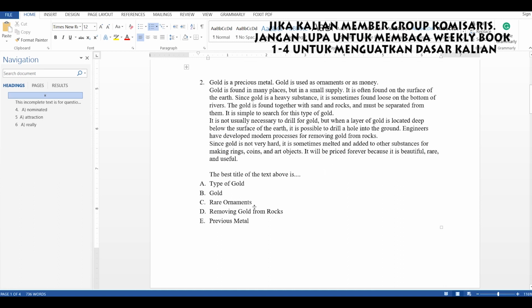Find the keyword. You see that the most frequent word is gold, so look for the word in the text, and if you read it, the text also discusses gold. So we can conclude that the answer is gold. It is easy, right? Okay, try again.